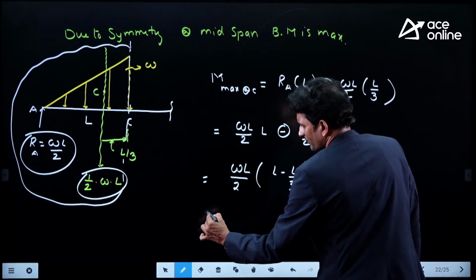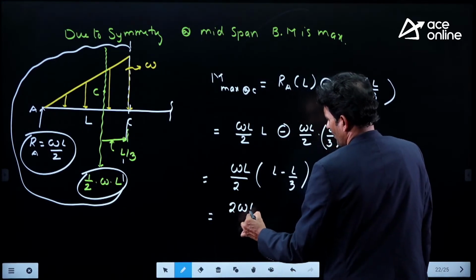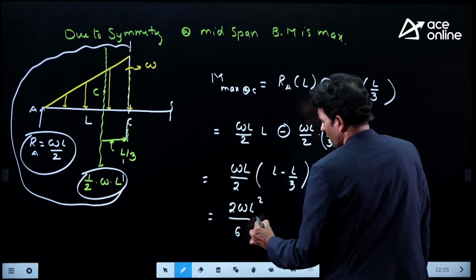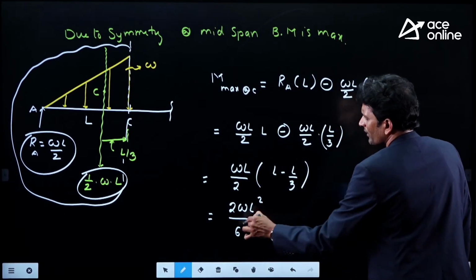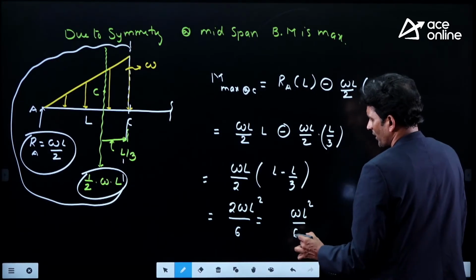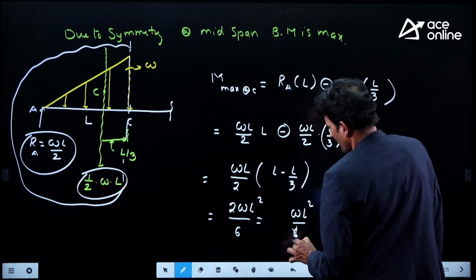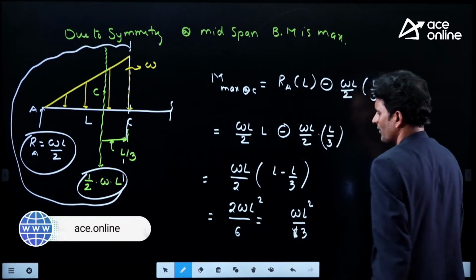Just simplify this: 2 omega L square divided by 6. It should be equal to omega L square divided by 6. Sorry, 3. Omega L square divided by 3 we are having.